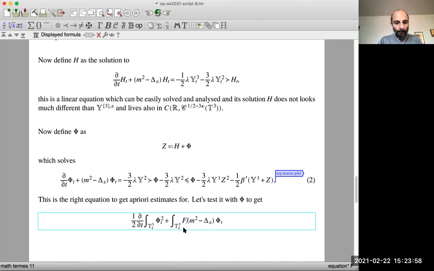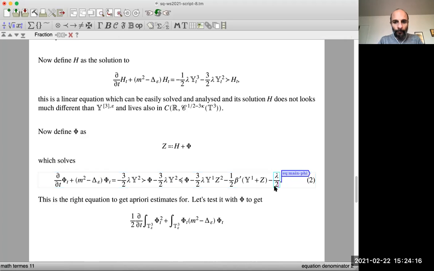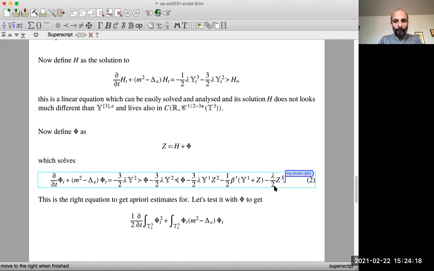Let me write it in this way. Sorry, I lost something. Remember, there was also a term like lambda over 2 and then z cubed, because it was on the other side. But now I have it there.